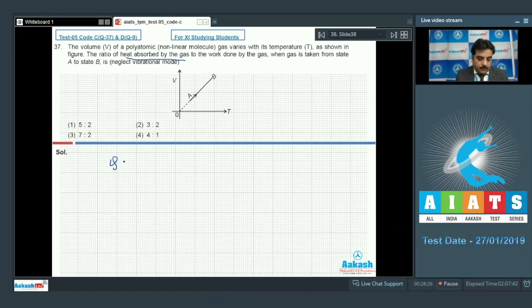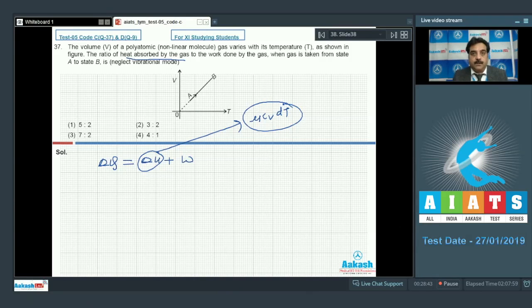Okay, we know by the first law of thermodynamics, Q is delta U plus W, right? And one thing I would like to say, you can write in place of delta U, mu Cv dT. In this, you may have one doubt: can I use this in general form? Yes, but if you have an ideal gas, you have to be very careful.